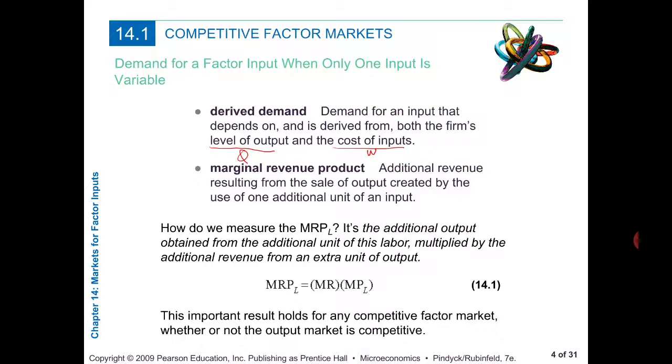So the decision making is essentially similar to the output market, where we look at whether the additional revenue from that additional input, let's say labor, is the same as the additional cost of adding that additional labor.